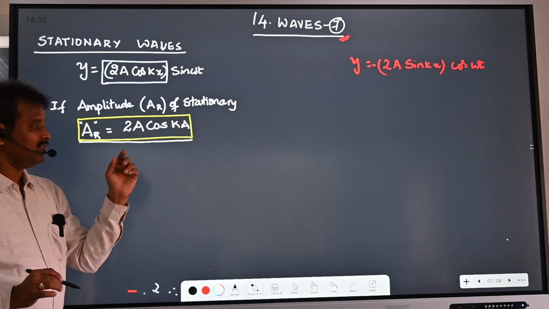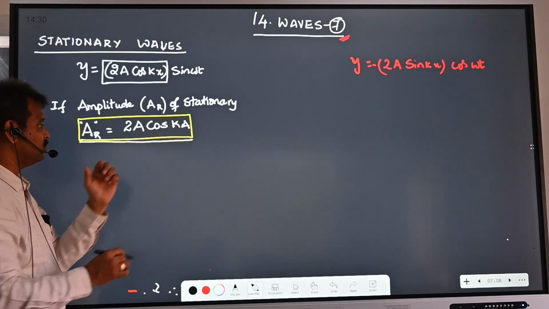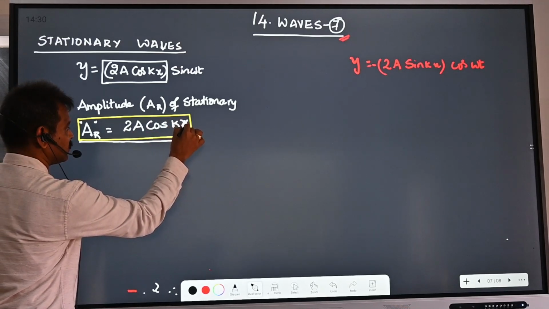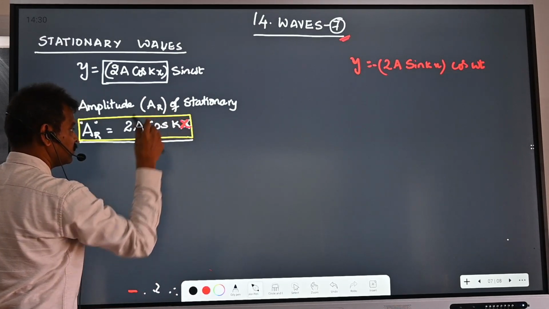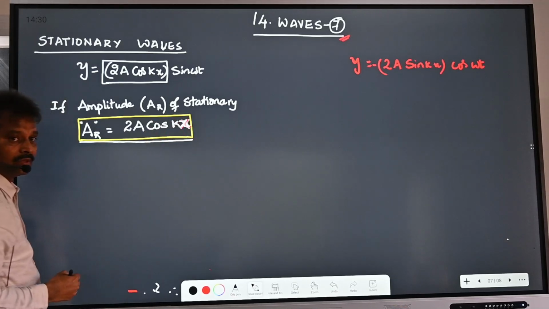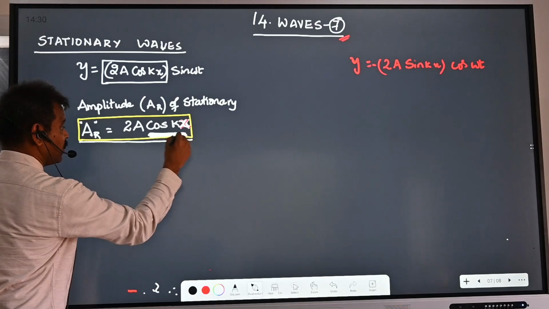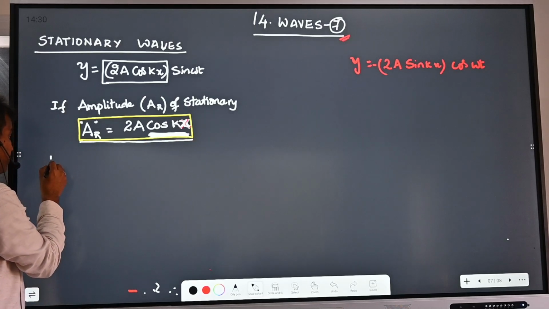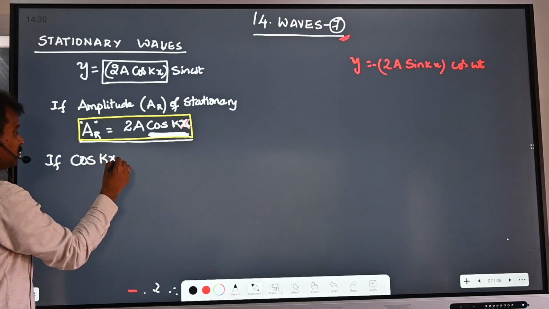It is cos theta only, where theta is kx. So the amplitude depends on cos kx.